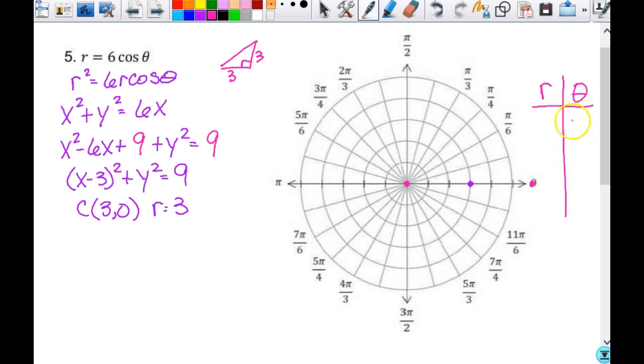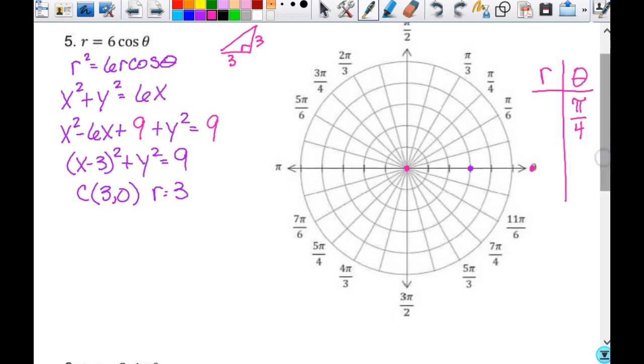Okay, so we're going to pick pi fourths. Now that's not ideal to find the cosine of, but it's really not that bad, right? So what is the cosine of pi fourths? Square root of 2 over 2, right? So that means that our radius is going to equal 6 times the square root of 2 over 2. So what is that going to give me? 3 square root of 2, which I really kind of need as a decimal approximation. What do we estimate the square root of 2 at?